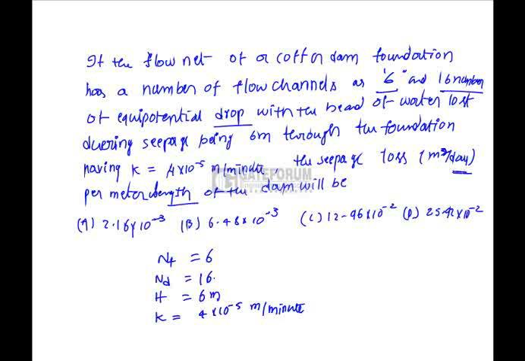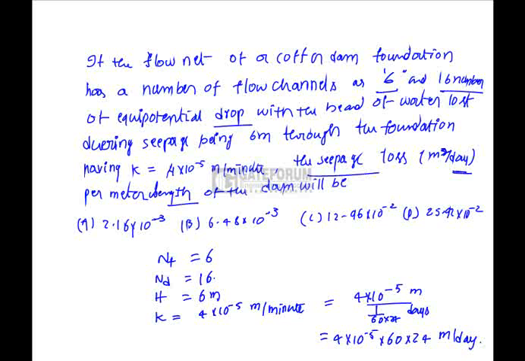We have to convert minutes into days. 4 into 10 to the power of minus 5 meters per minute, times 60 into 24, gives the permeability in meters per day.